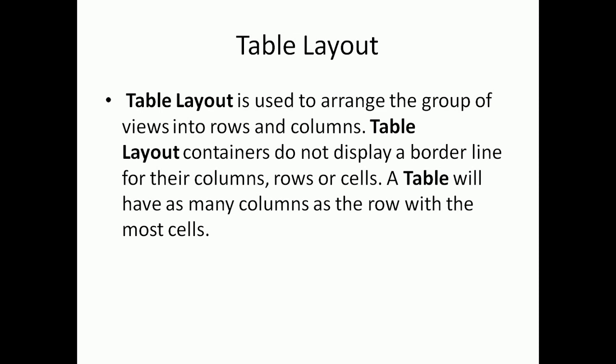Just like a table, this layout will show our content in the format of a table. As the table contains rows and columns, that's why it divides the group of views into rows and columns. Okay, let's see.